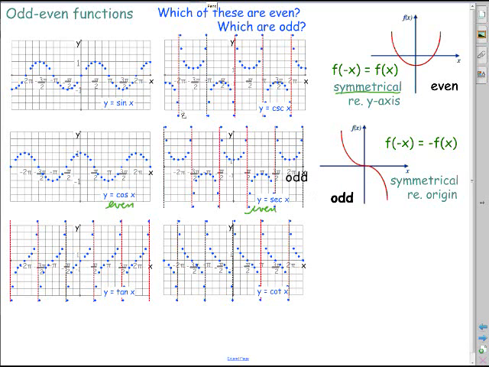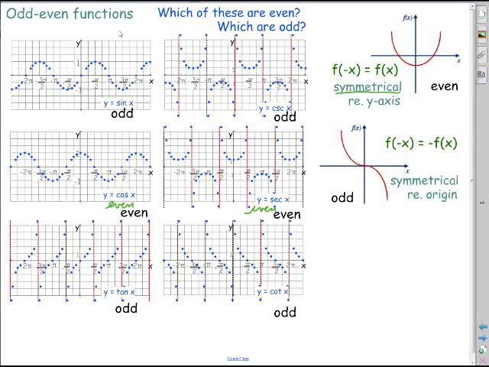So up here, this one's odd, this one's odd, this one's odd, and this one's odd. They are symmetrical with regard to the origin, but they are not symmetrical with regard to the y-axis. So we have two that are even. That's cosine and its reciprocal partner. And we have four that are odd.